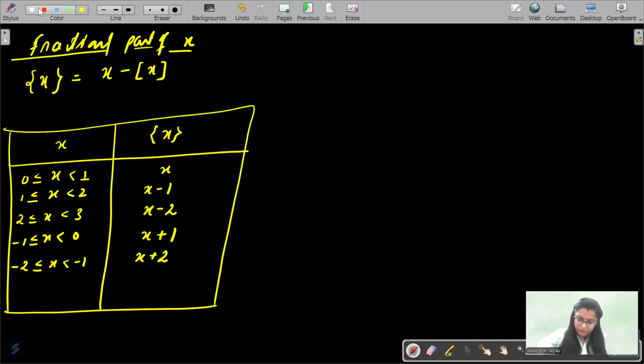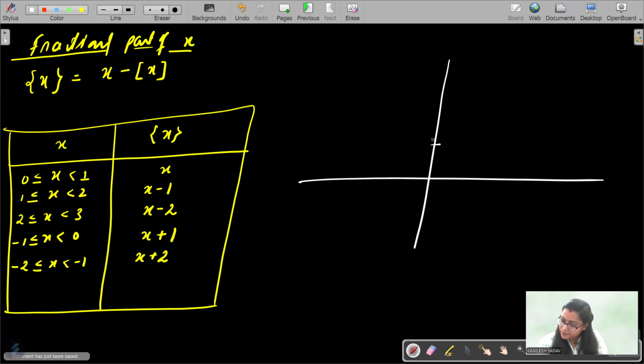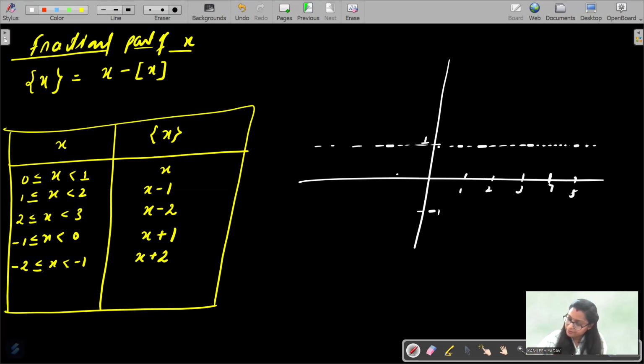Now we draw the graph of fractional part of x. See, this is the point 1, this is the point -1. But here the graph which lies between like this. Okay, now mention the point 1, 2, 3, 4, 5.